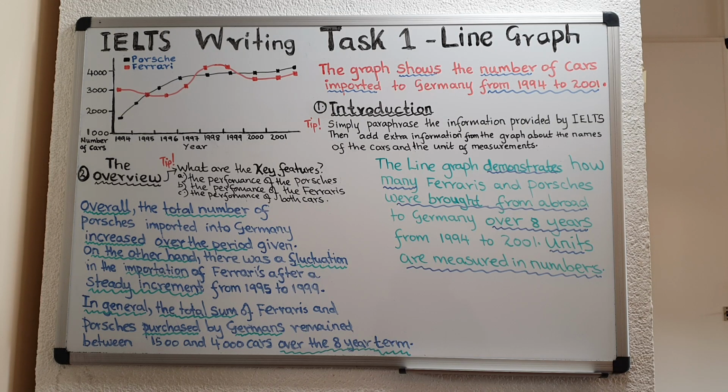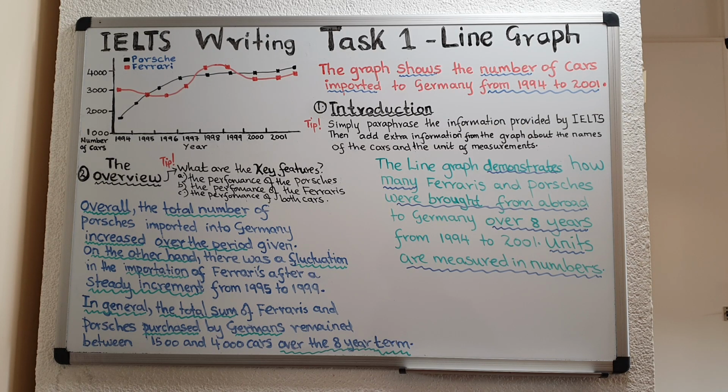So, in general, the total sum of Ferraris and Porsches purchased by Germans remain between 1,400 and 4,000 cars over the 8-year term period. Now, when it comes to the overview, the most important thing is, first of all, you identify your key features.